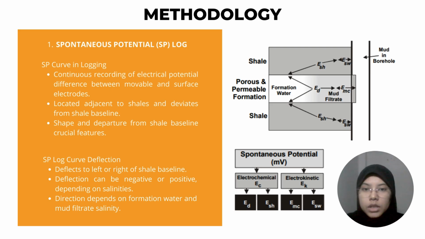SP log curve deflections can be determined by deflection to the left and or to the right of the shale baseline. The deflections can be negative or positive depending on the salinities of the zone. The direction depends on formation water and mud filtrate salinity.